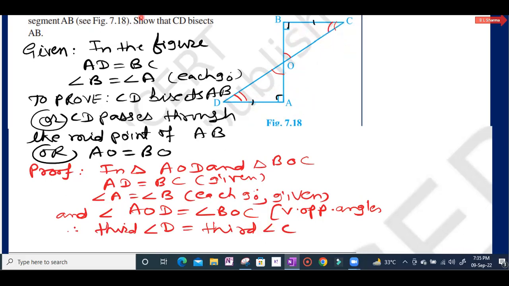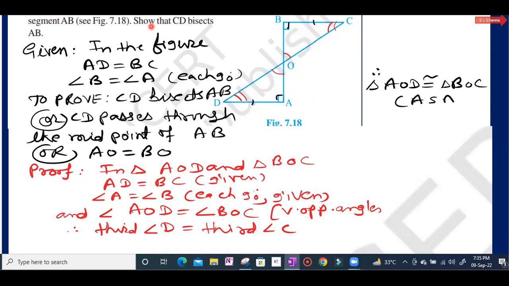Therefore we can write, triangle AOD is congruent to triangle BOC by the rule ASA, angle side angle. And we know that when two triangles are congruent, the corresponding sides means parts are equal.